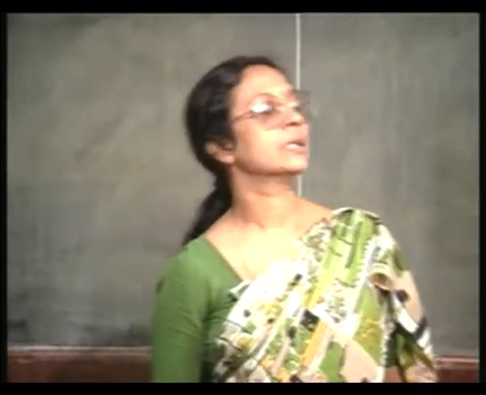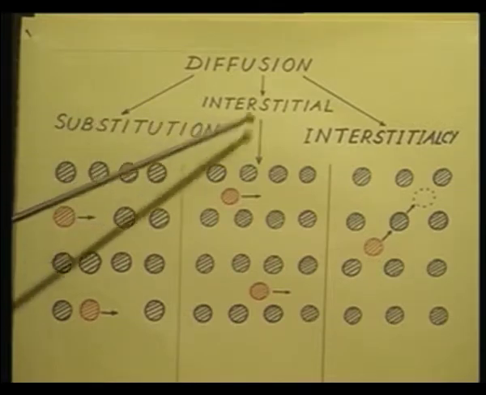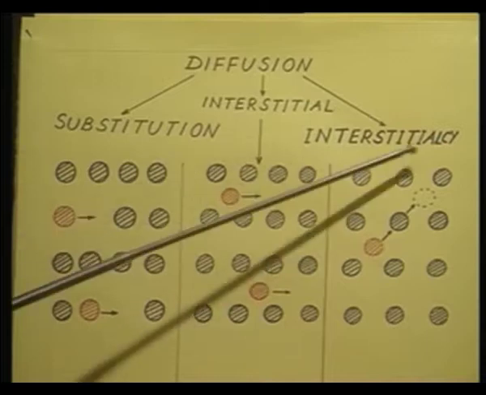If we now look at the card, you will find that I have divided the process of diffusion, or let us say the process of movement of dopant atoms inside the crystal lattice, into 3 categories: substitutional, interstitial and interstitialcy.